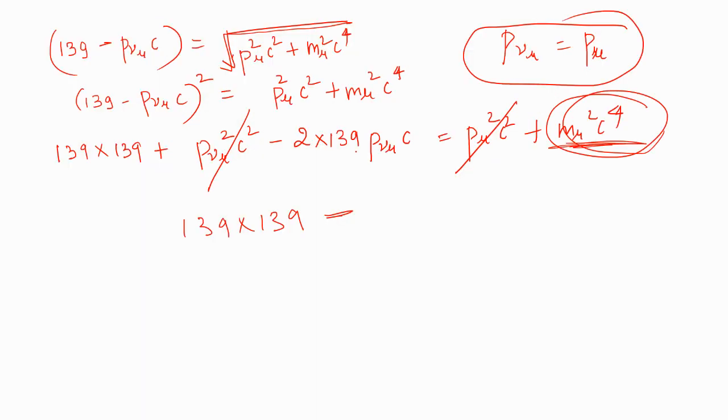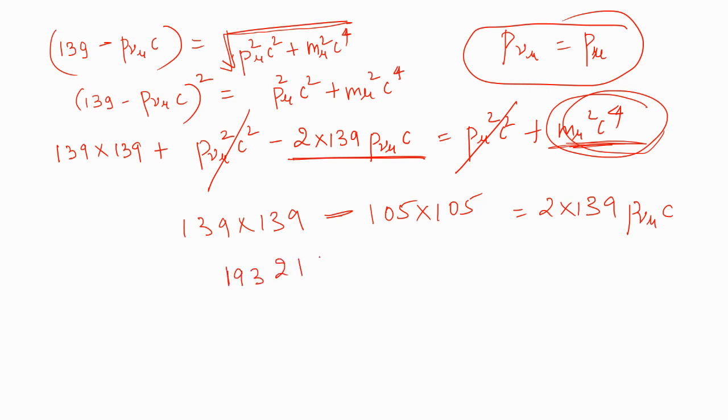So this will be 105 into 105. This I am taking to the right hand side. 139 squared will be equal to 19321. This will be 11025. If I am making any calculation mistake, please remind me. This will be equal to 278 p mu c, right?